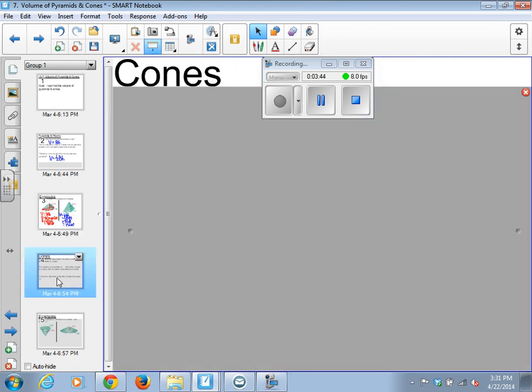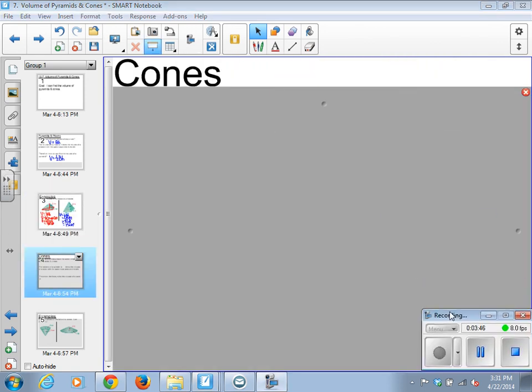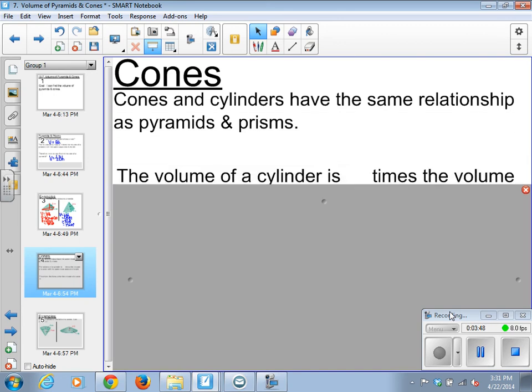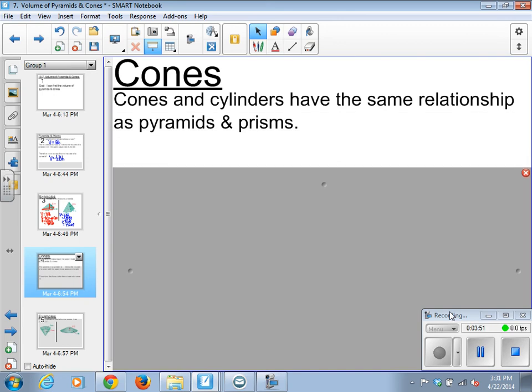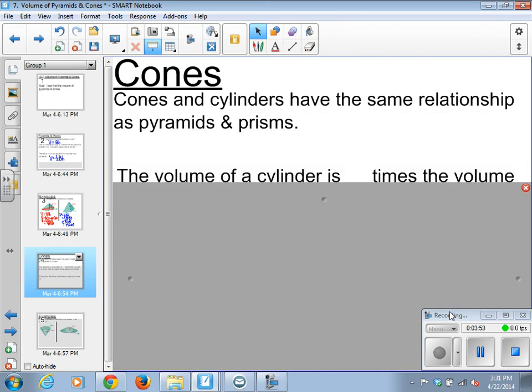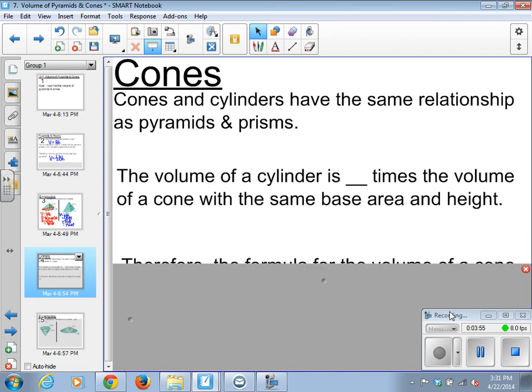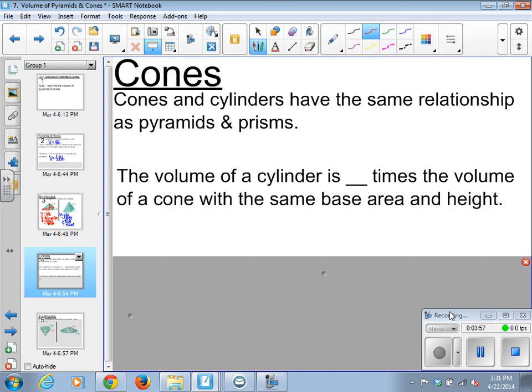Next, we have cones. Cones and cylinders have the same relationship as pyramids and prisms. So the volume of a cylinder is 3 times the volume of a cone with the same base area and height.